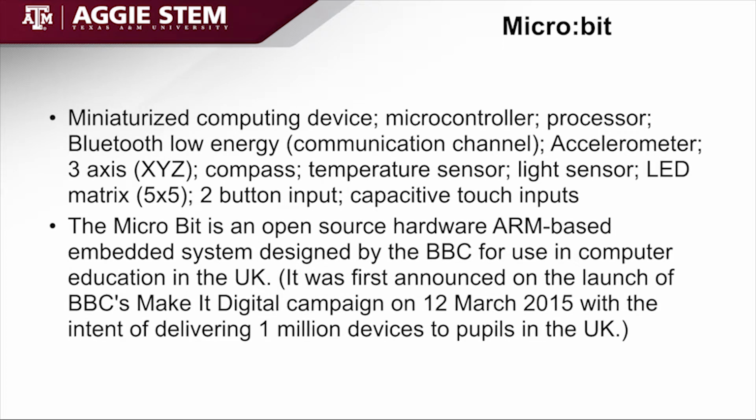And one of the things that we've been using this past year, which is low cost, about $15, and is easy to manipulate, is a micro:bit. And a micro:bit is a computing device. It's a microcontroller, and it has Bluetooth and an accelerometer. It has 3 axes, a temperature sensor, a light sensor, an LED matrix, 5x5, 2-button input, and capacitive touch inputs as well.